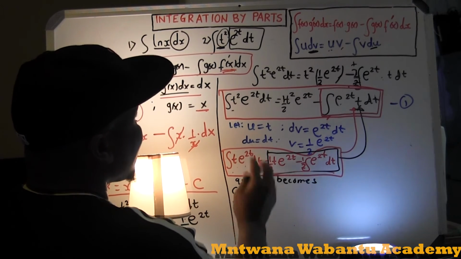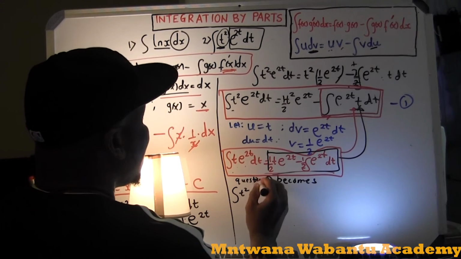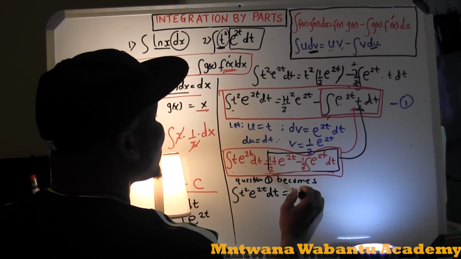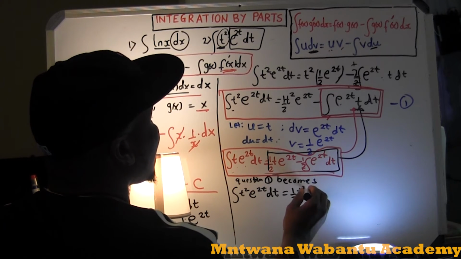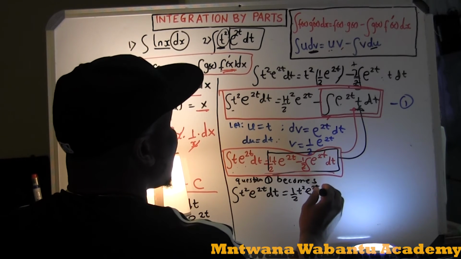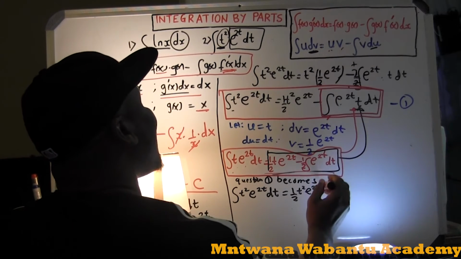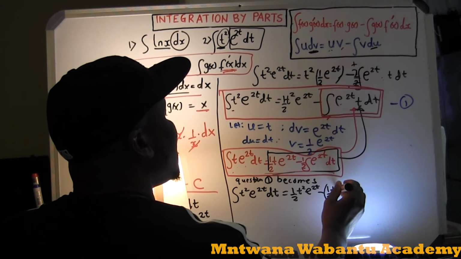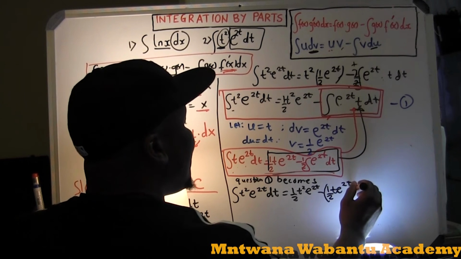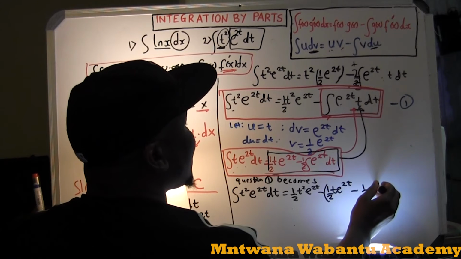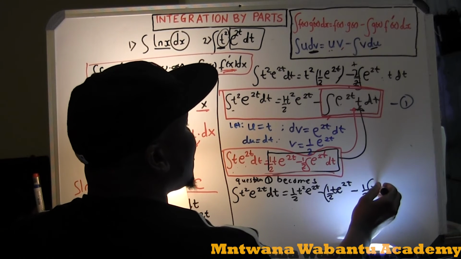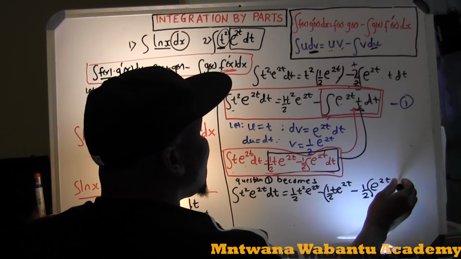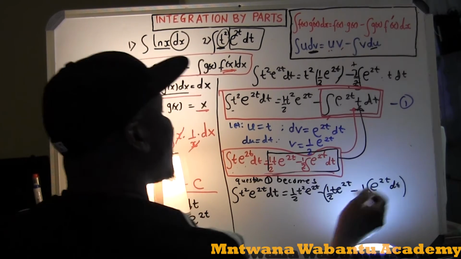The integral of t squared e^t dt equals a half e^t minus, so I'm not going to write that stuff there, a half, and put bracket a half t e^t minus a half integral of e^t dt.